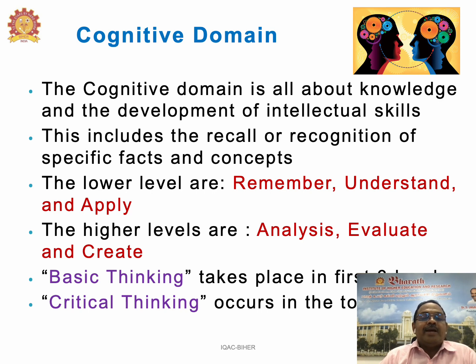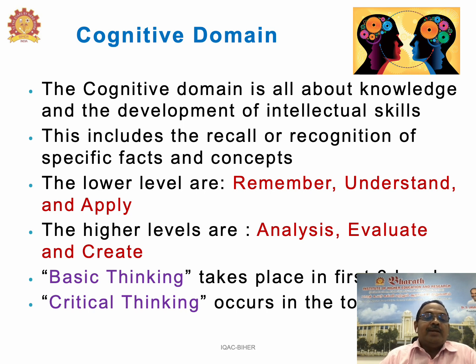As I said, we have 6 different levels in the cognitive domain. The first 3 levels, remember, understand and apply, are called the lower level cognitive domains. The higher level cognitive domains are analysis, evaluate and create.